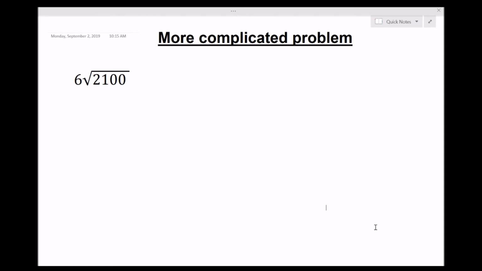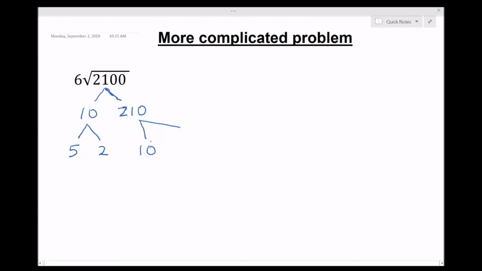2,100, what goes into 2,100? 10 goes into 2,100, so that's 10 times 210. Now we can still split 10. What is 10 split into? 10 is 5 times 2. And then 210, you can still take out a 10 again.